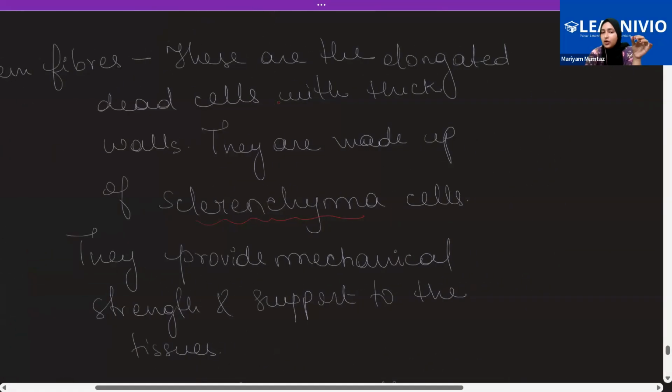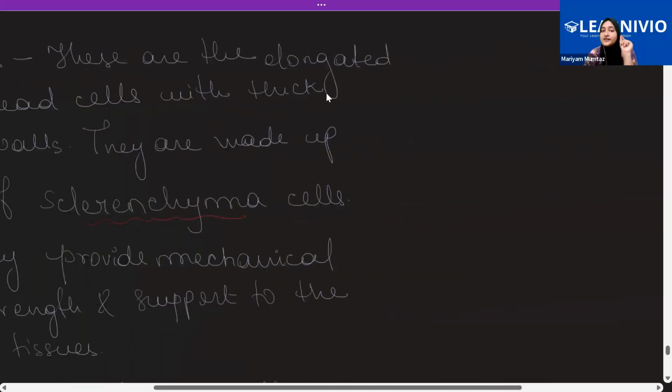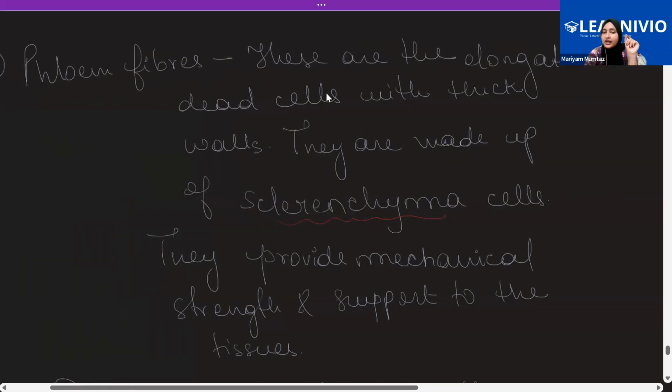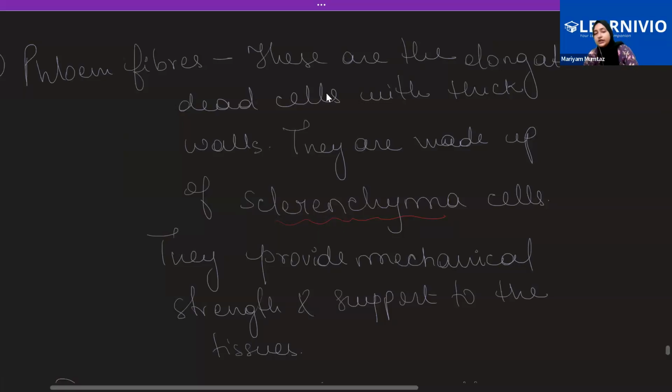These are the dead components, dead cells with thick walls. Mostly they are made up of sclerenchyma cells, and they provide mechanical support to the tissues and to the different parts of the plant. Is it clear to everyone?